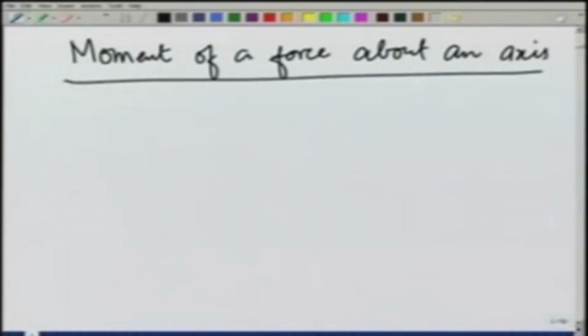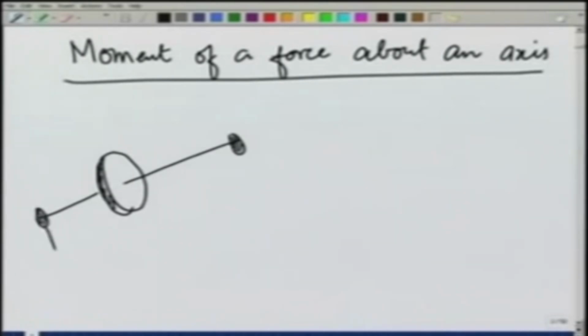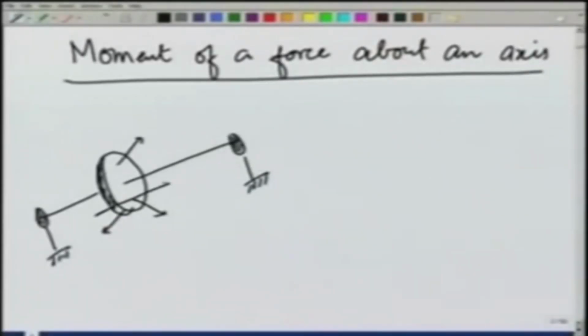Why this is important is, a lot of times you have situations where something is actually made to rotate about an axis, for example a rotating disc that I may have fixed in ball bearings which are fixed in some place. In that case, no matter what force you apply on the disc, the only component that is responsible for its rotation is that in the plane of the disc.